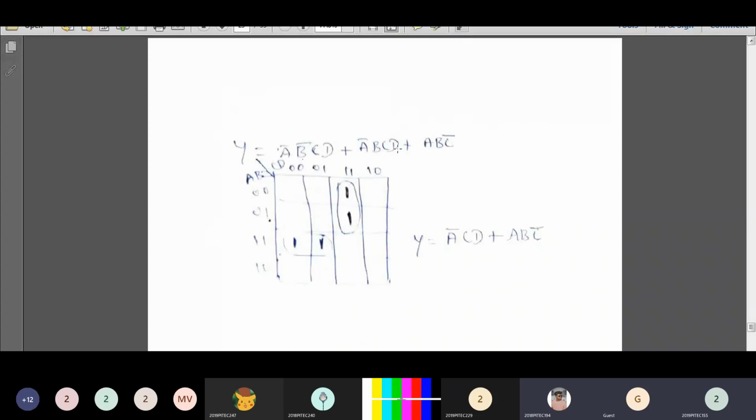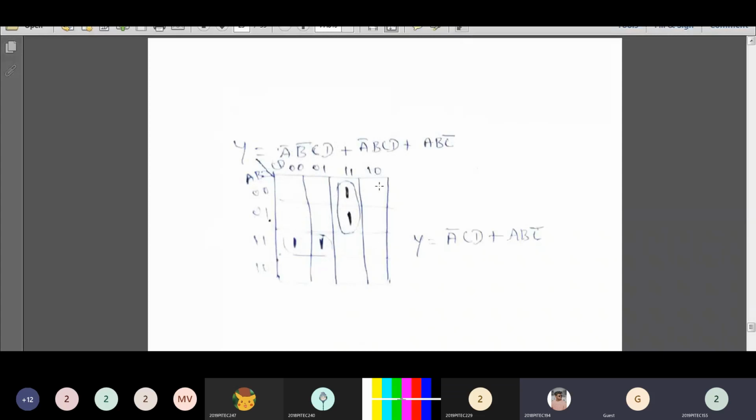Next one, A' B C D: this cell represents A' B C D, so you put 1 here. And you have one more product term, A B C'. A B C' is common in both the columns, so you put 1, 1 here.